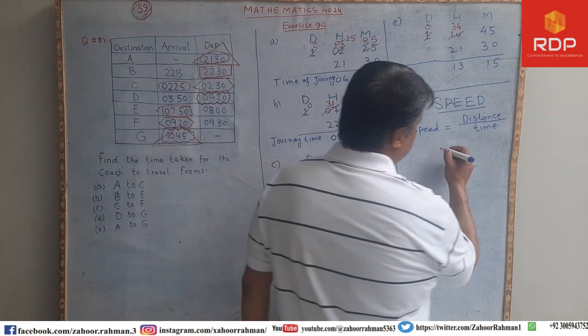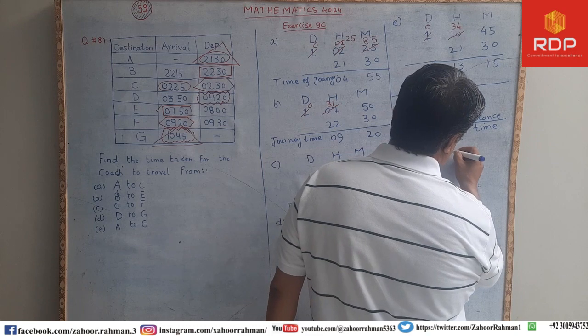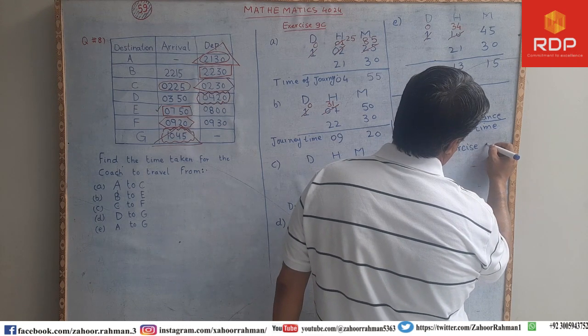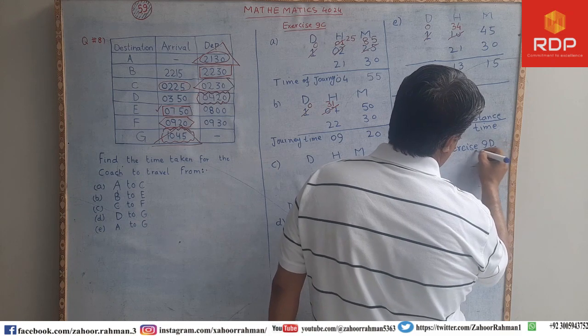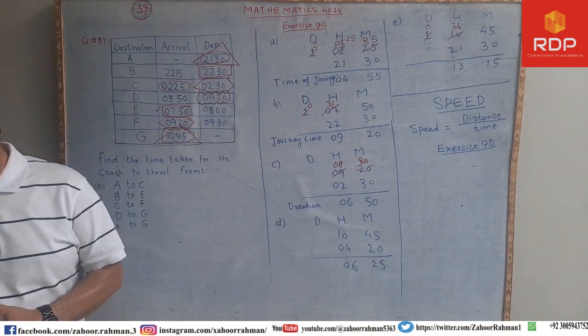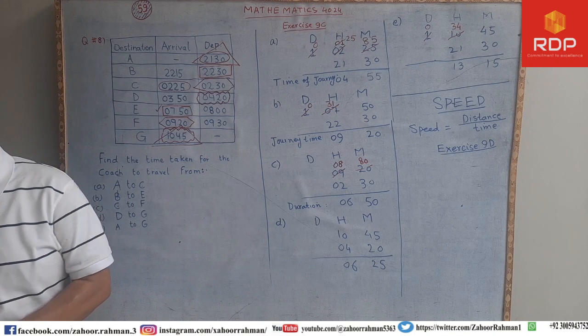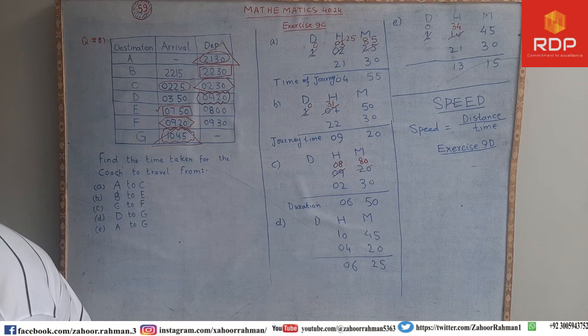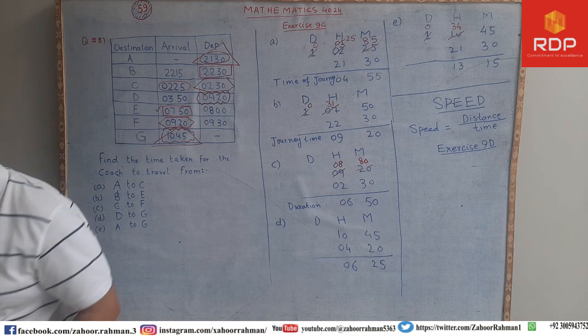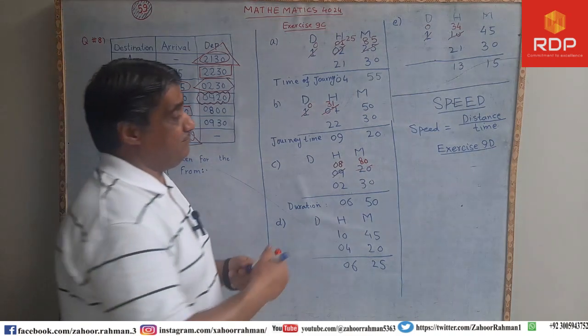Directly we are starting exercise, and that is exercise 9D, which is the final exercise of this chapter. Okay, 9D is saying that you have to calculate. Question number 1.